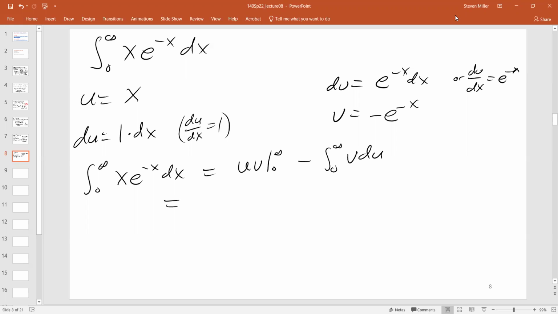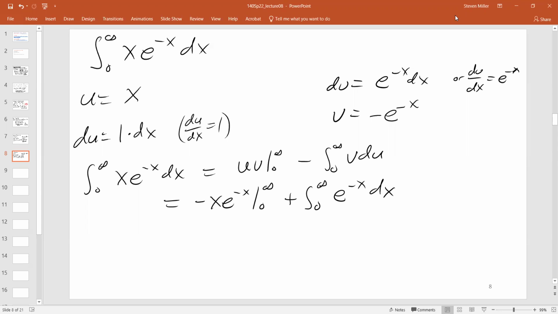But when you're starting out, it's very easy to mis-substitute. So take the extra moment and write down the formula you're substituting in. Notice I have everything I need up above: I have what u is, I have what v is, so I can substitute in very easily. So I get uv, that's negative x e to the negative x at 0 infinity, minus v du. The minus signs reinforce, so I have plus an integral from 0 to infinity of e to the negative x dx.